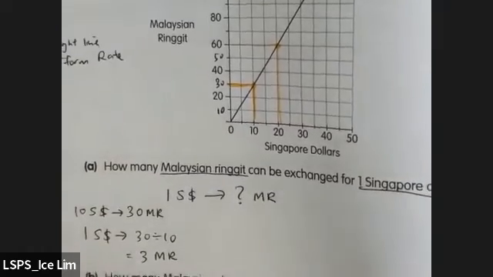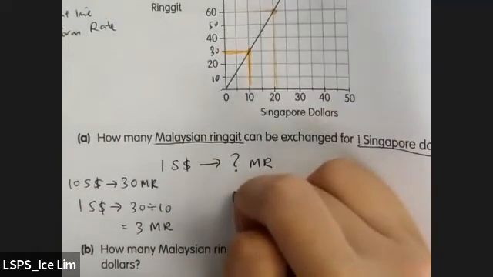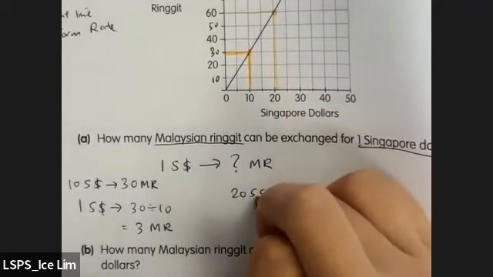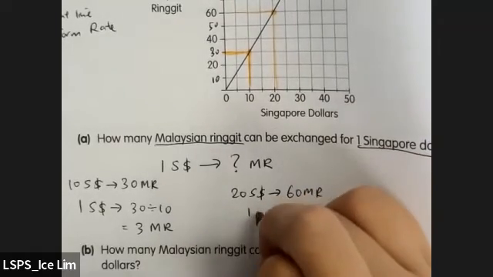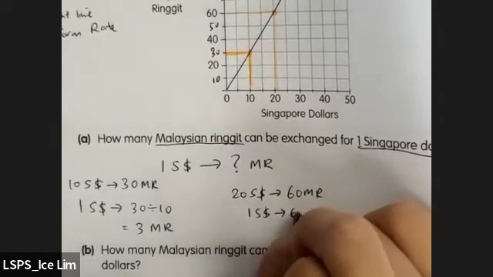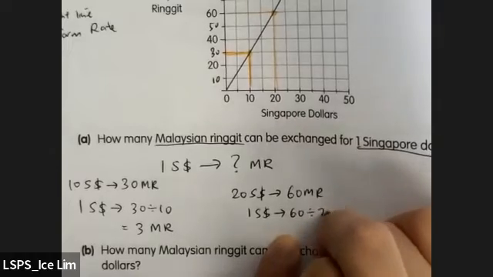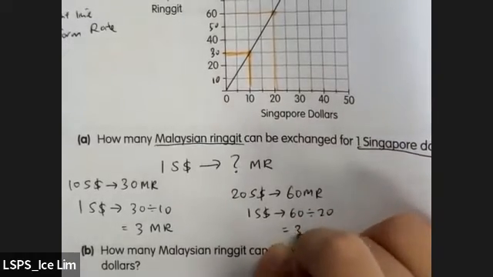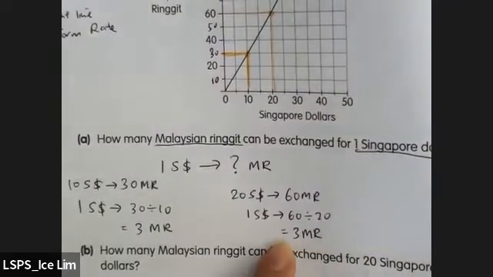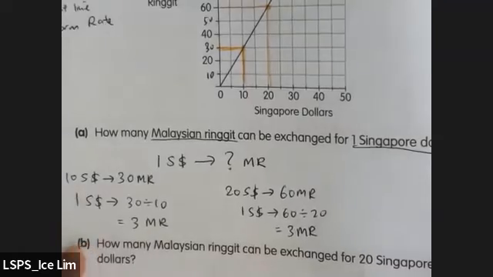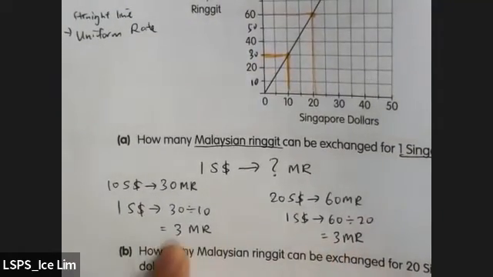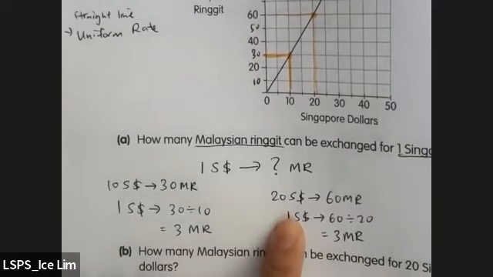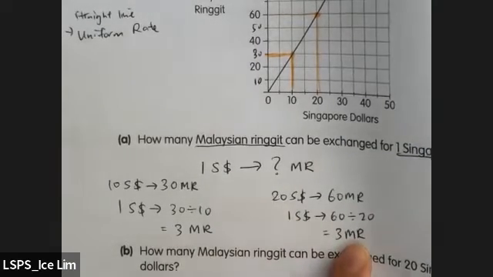Likewise, I can use 20 Singapore dollars and go with 60 Malaysian ringgit, and the same answer will be derived. 60 divided by 20 is still 3 Malaysian ringgit. So at any point, because I know that it's a constant rate, 1 Singapore dollar is 3 Malaysian ringgit, I can work with even decimals now.